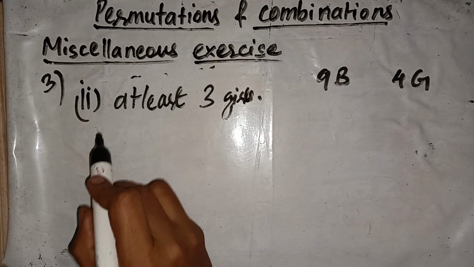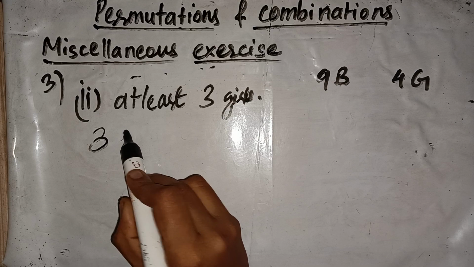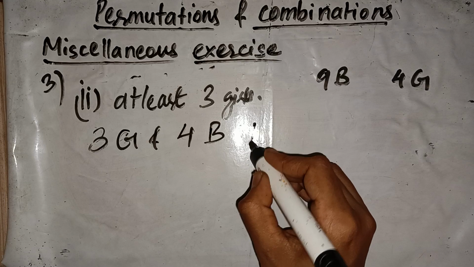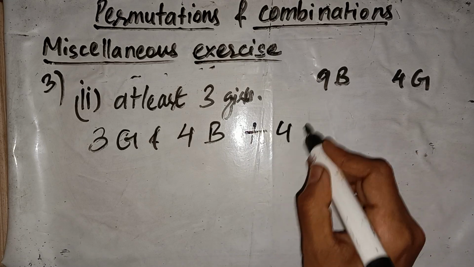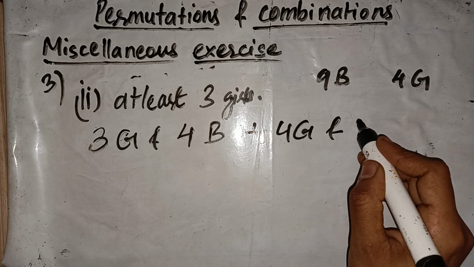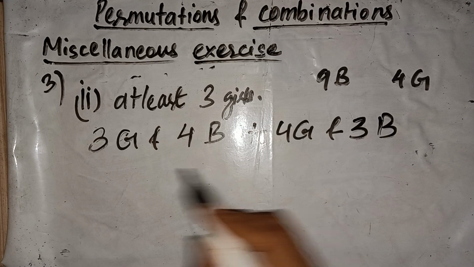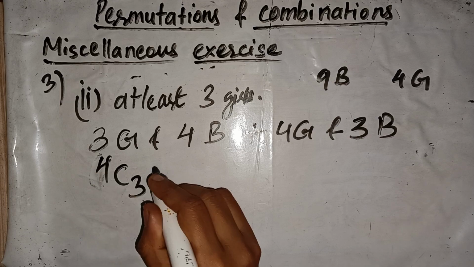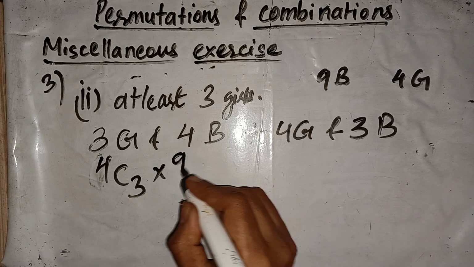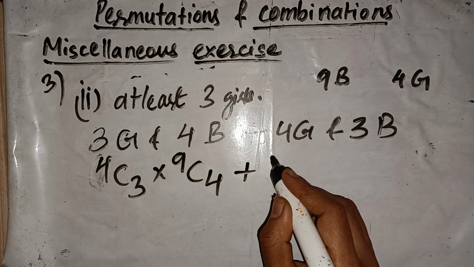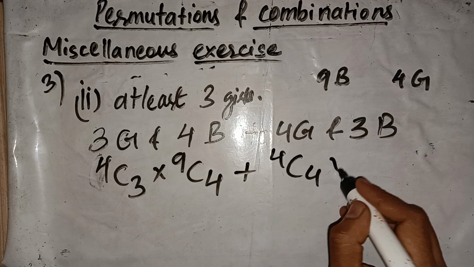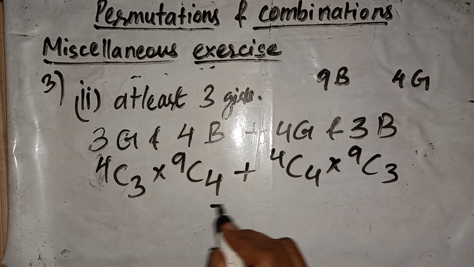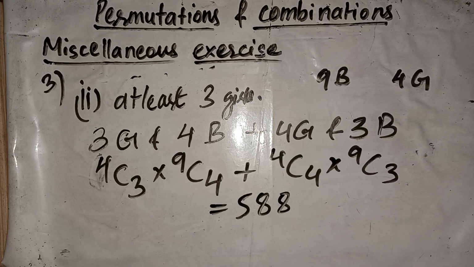First possible combination is 3 girls and 4 boys, then plus 4 girls and 3 boys. Okay. So out of 4 you are choosing 3, out of 9 you are choosing 4, 4C3 into 9C4, plus 4C4 into 9C3. Correct. Total answer is 105.